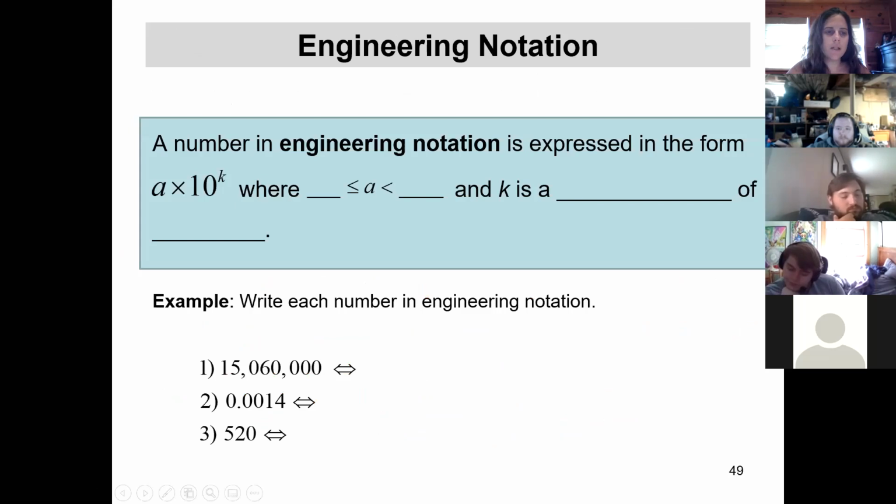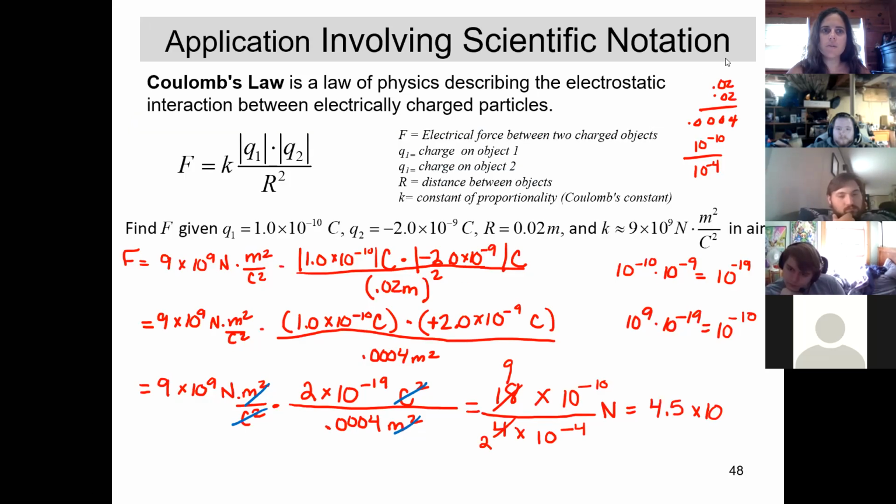When you're dividing like bases, you're subtracting their exponents. So a negative 10 minus a negative 4. So that's like plus 4. So you get 10 to the negative 10 plus 4, which would be negative 6.